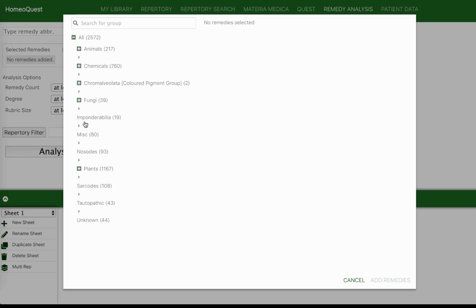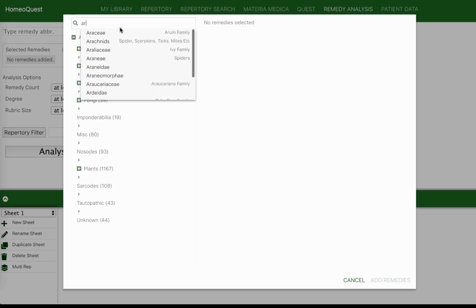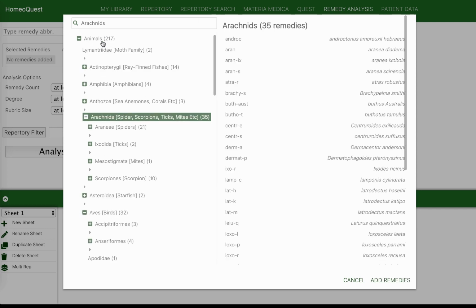The other way of accessing a particular group, say you want to access the spider group, is to type in the zoological name, say arachnids. You have the arachnids: the spiders, the scorpions, the ticks, the mites, etc. Let's click on that group. You land in the animal kingdom in the arachnids, and you have the spiders, the ticks, the mites, and the scorpions.